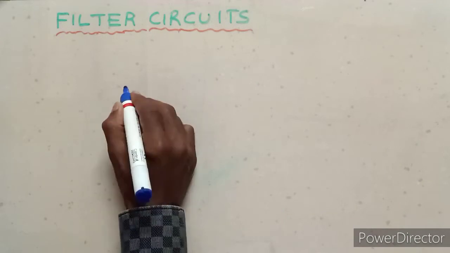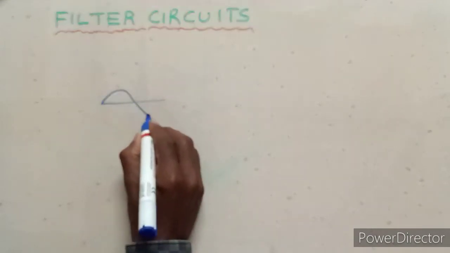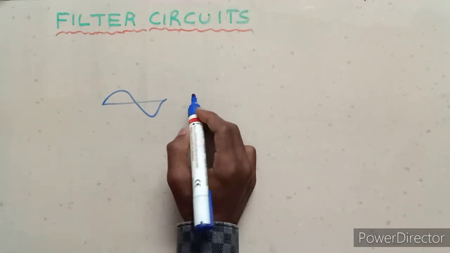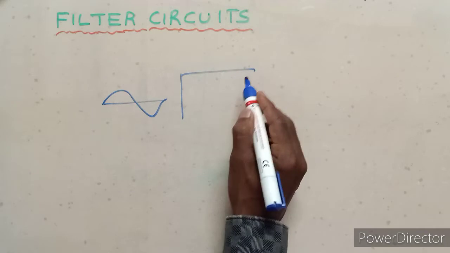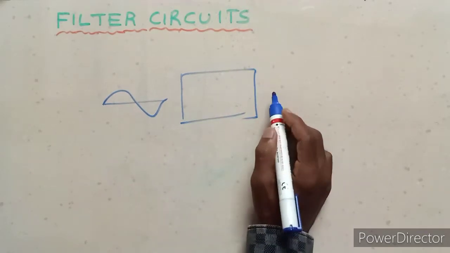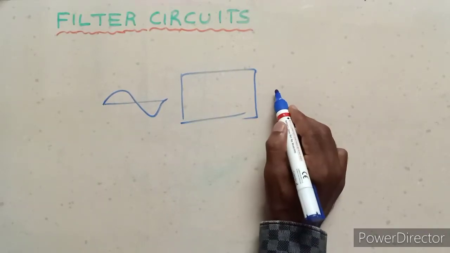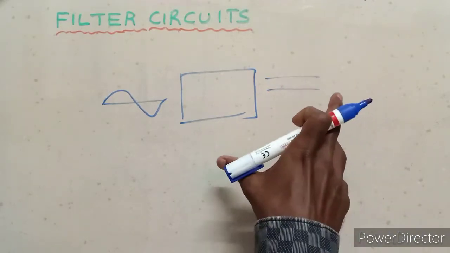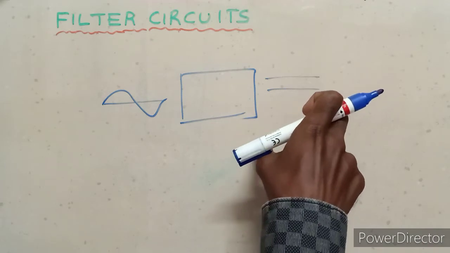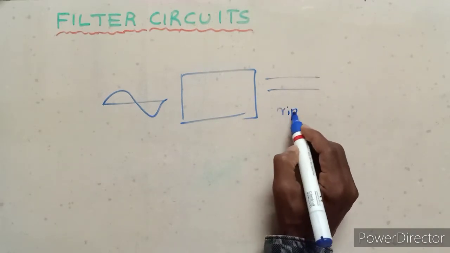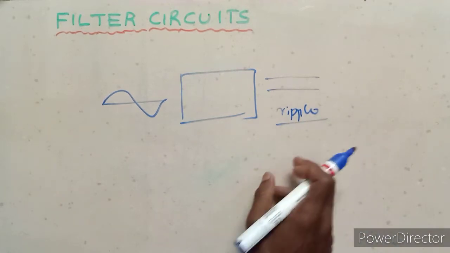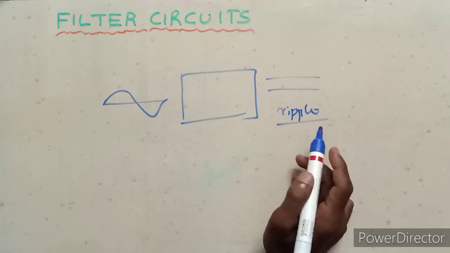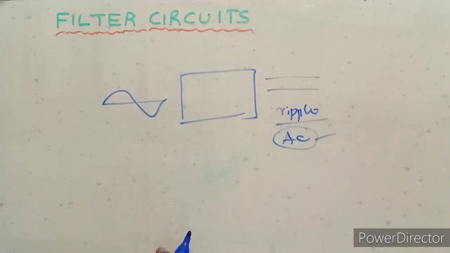Suppose, for example, an AC input voltage is applied to the rectifier, and we get the DC voltage as output, but that DC voltage will have ripples. Ripple means just like an AC component.